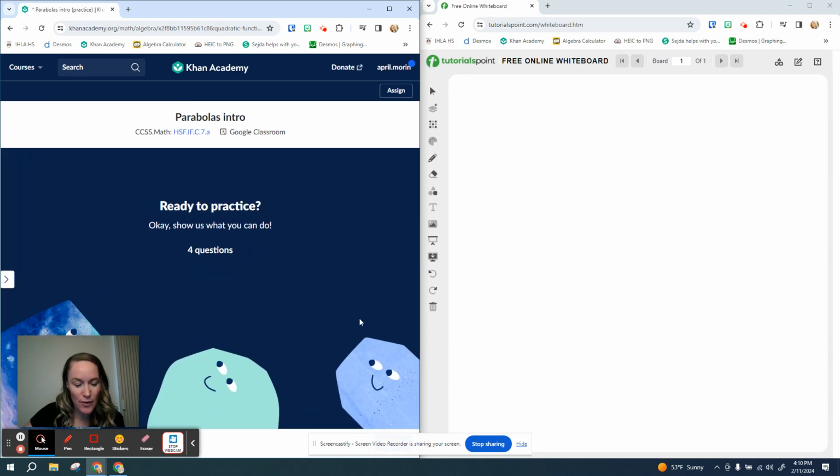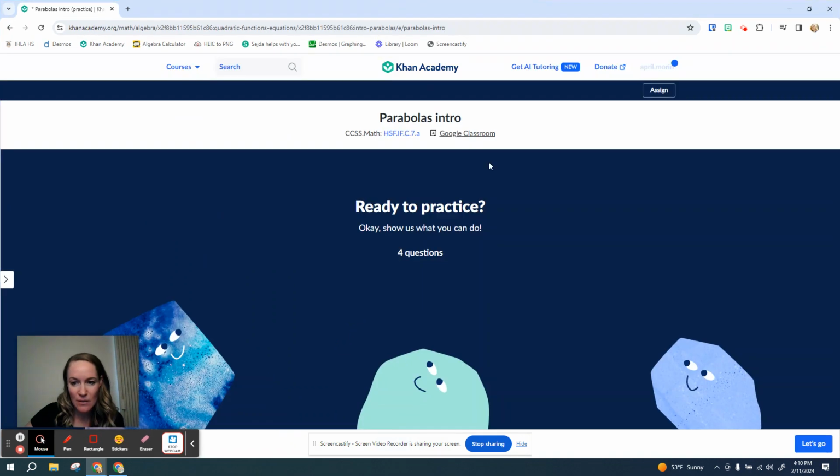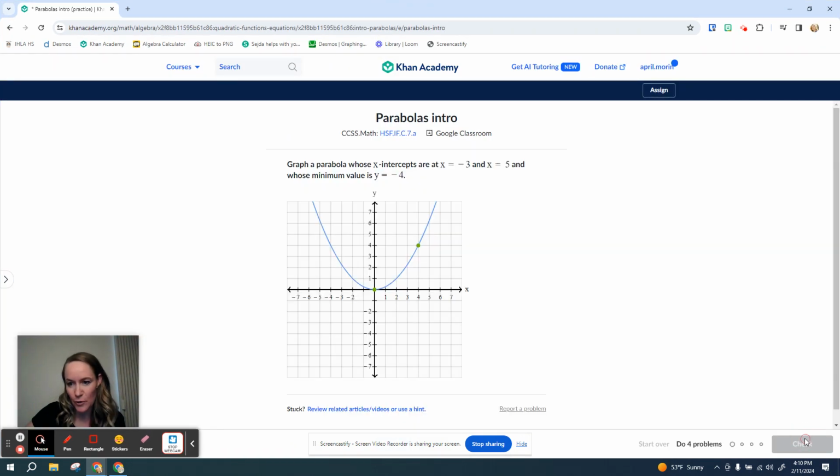Okay, so parabolas. All right, let's see. I'm going to be toggling back and forth between having the whiteboard out and not. All right, graph a parabola whose x-intercepts are at x equals -3 and x equals 5, and whose minimum value is y equals -4.